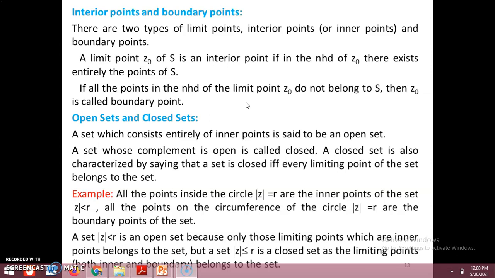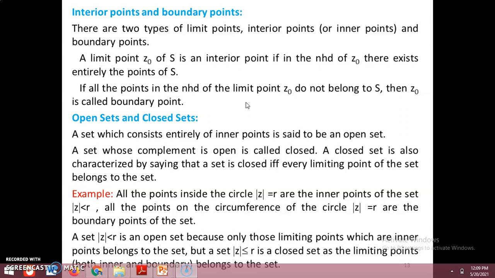A set which consists entirely of inner points is said to be an open set. The points which we call inner points, which are inside that domain, form an open set. The complement of an open set is a closed set.